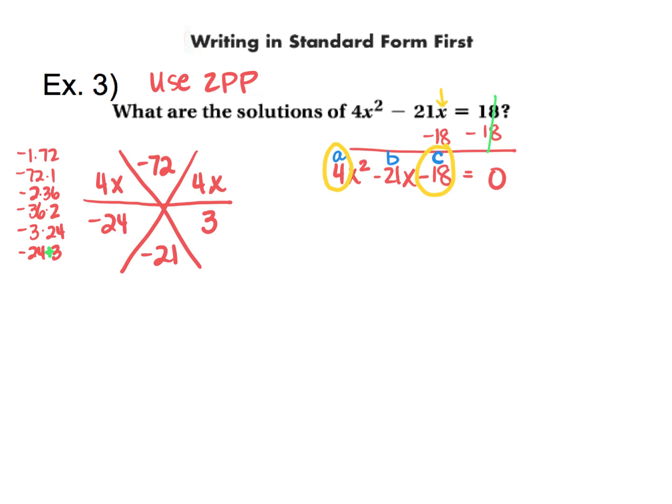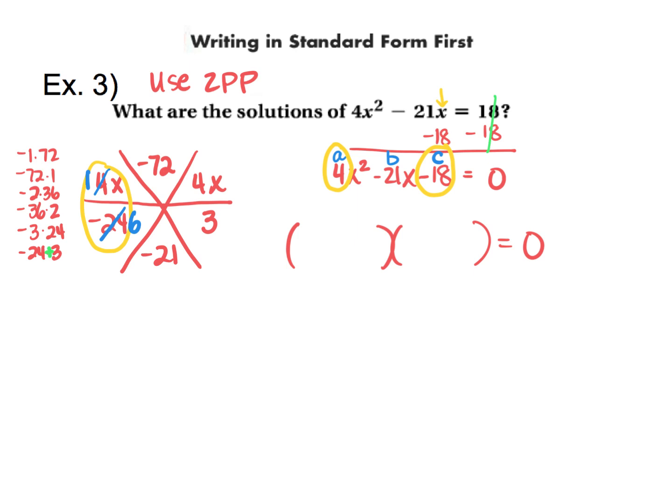All right, so we know that this is going to turn into 2 factors that are equal to 0. So our last thing to check is whether or not these numbers can be reduced from each other, and they can. 4 goes into 24, so 4 would go in 1 time, and then the 24 would become a 6.